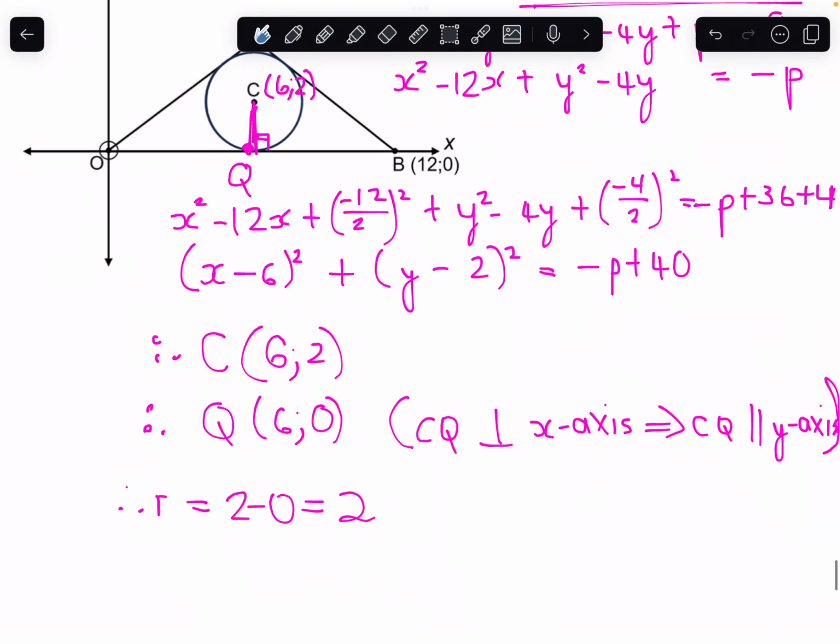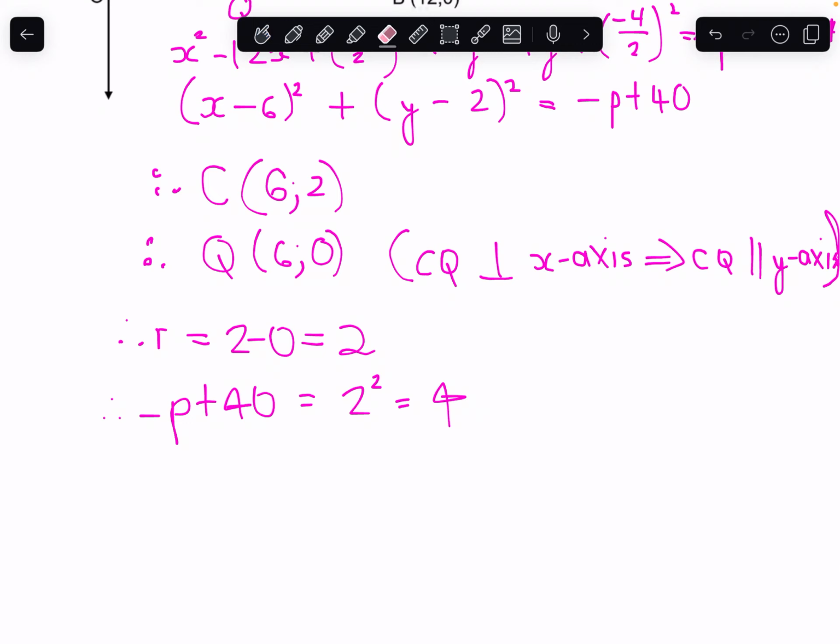And so, therefore, minus p plus 40 is equal to 2 squared, right? R squared, which is 4. Okay, this we can also just write as 40 minus p, right? What do you need to subtract from 40 to get 4? That would be 36.